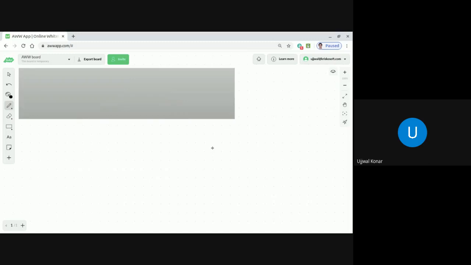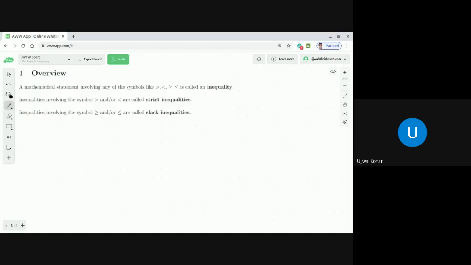Its application is there in some physics and chemistry numericals, but in analytical mathematics, there are a lot of problems we need to solve, leveraging the concepts we learn in linear inequalities.